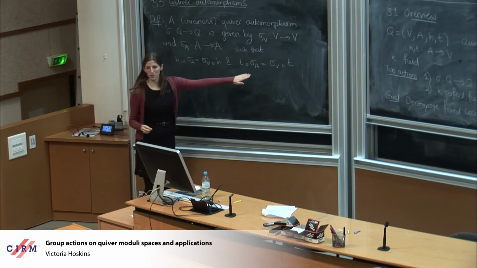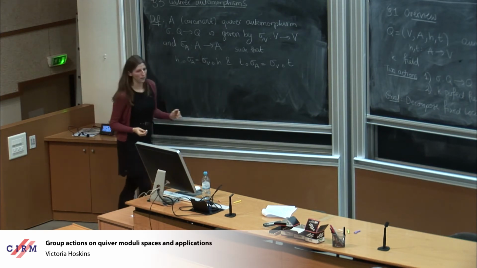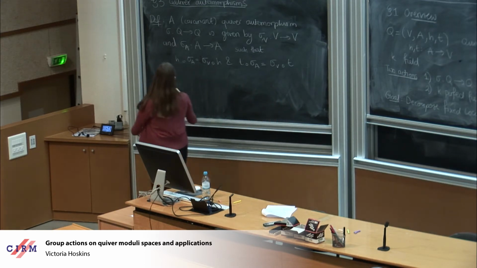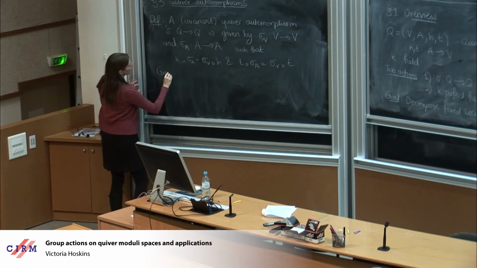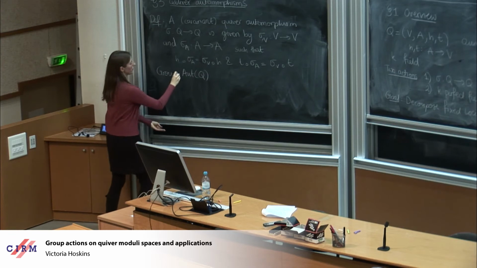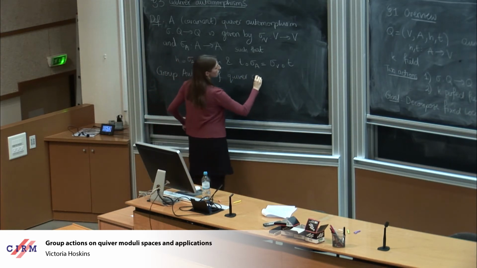Okay, I'm probably going to stop writing the A and the V from now on, but it's usually clear which one I mean. And then we can construct a group of Quiver automorphisms. This is just a finite group.